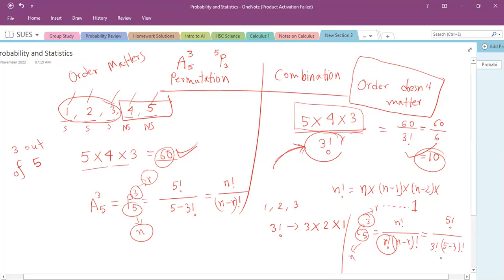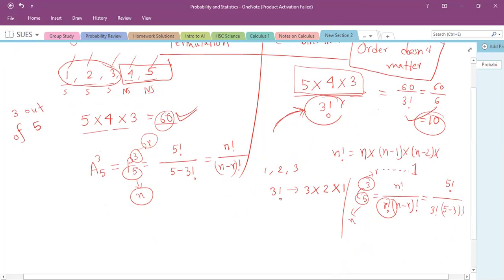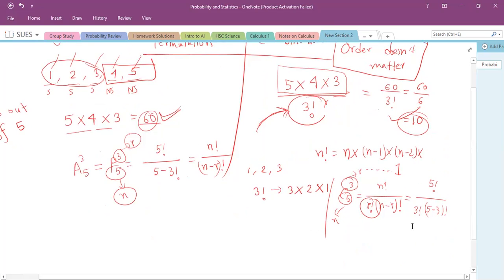So the answer will be 5 factorial by 3 factorial into 2 factorial, right?